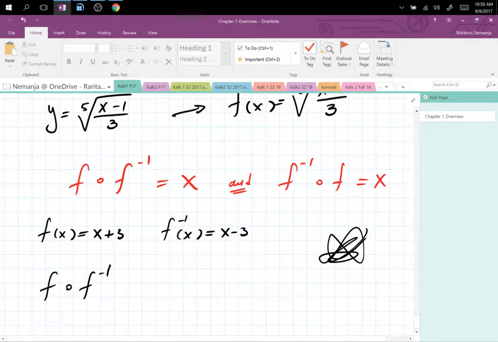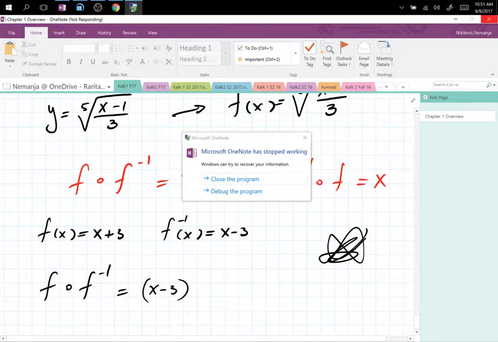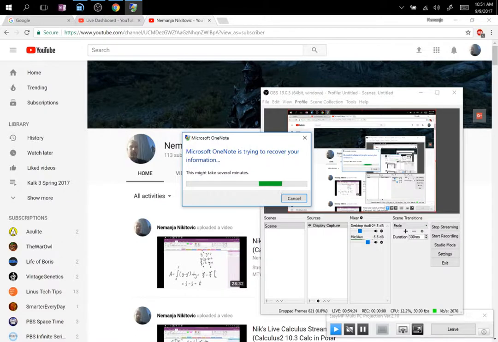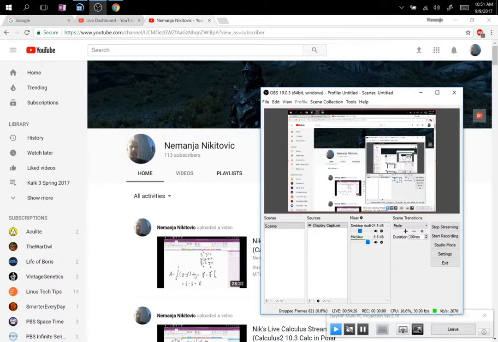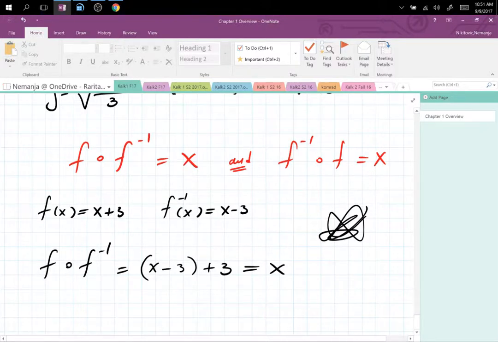Function composed with the inverse. So it's x minus 3. No, I would never throw the tablet. What? Actually, does anyone have an Apple thing that they don't need? I'll throw that one. Come on, please, please. And that takes care of it.